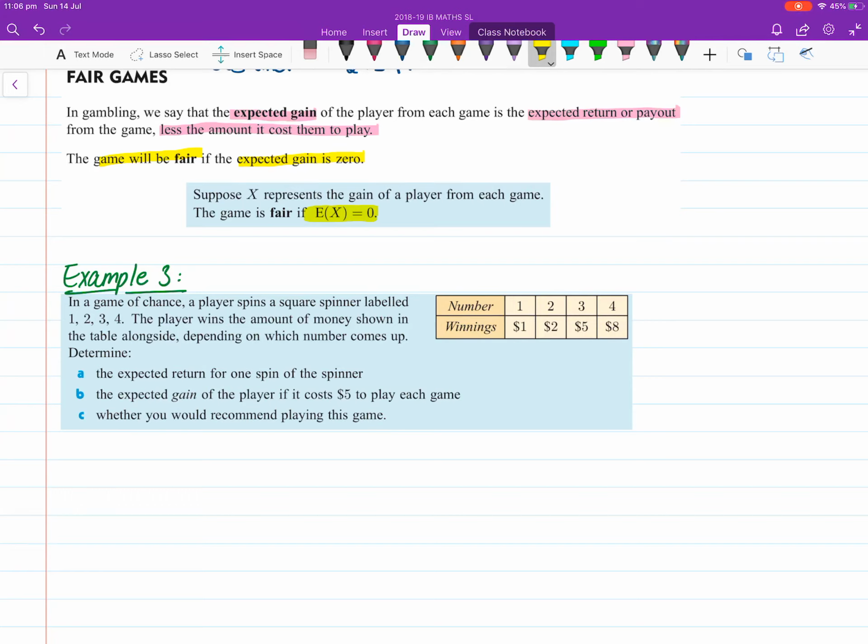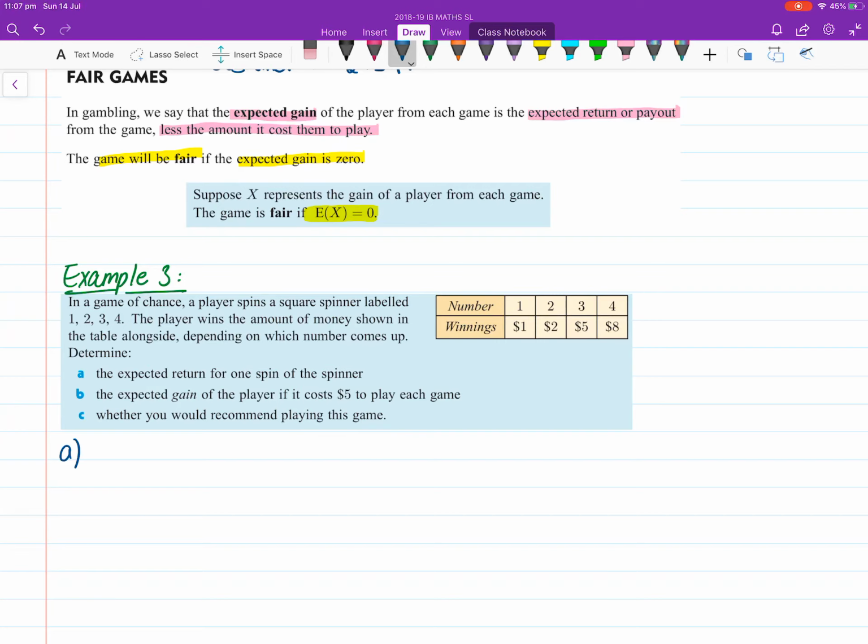In a game of chance, a player spins a square spinner labeled 1, 2, 3, 4. The player wins the amount of money shown in the table alongside here, depending on which number comes up. Question A: determine the expected return for one spin of the spinner.